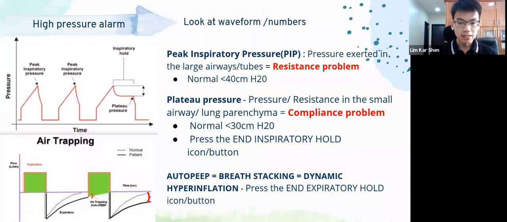Normal value is less than 30 centimeters of water. To get this value, we have to press the end expiratory hold button on the ventilator. And auto-PEEP, which is breath stacking or dynamic hyperinflation. To get this value, we also have to press the end expiratory hold button.